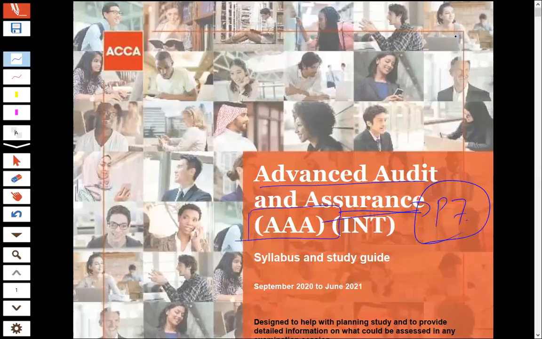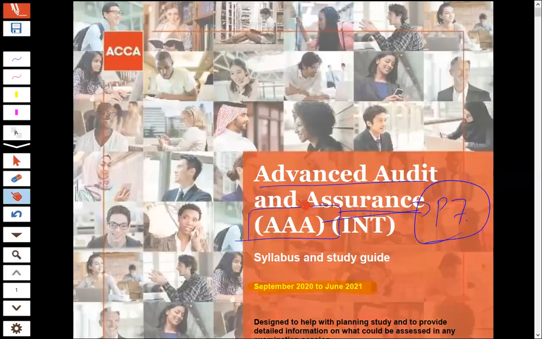So this is your syllabus and study guide, which is available on the ACCA website. This is the syllabus valid from September 2020 to June 2021 for AAA, Advanced Audit and Assurance.